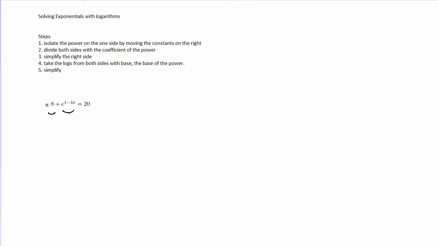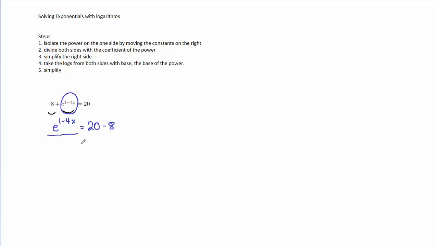This is what you want to isolate on one side of the equation. So you want to leave it alone. And how do you do that? In order to do that, you have to move all the constants to the other side. So e to the 1 minus 4x equals 20 minus 8. So that's your first step.